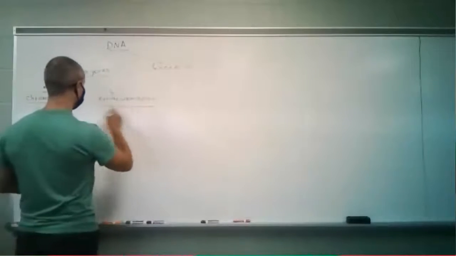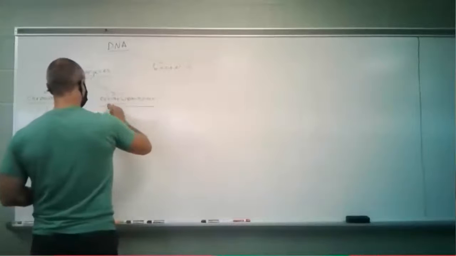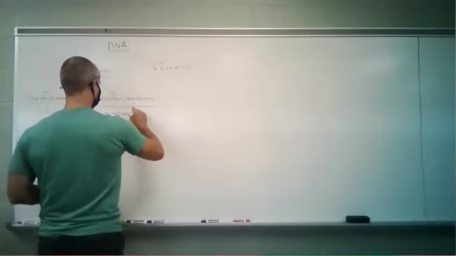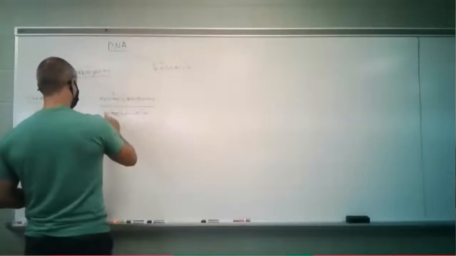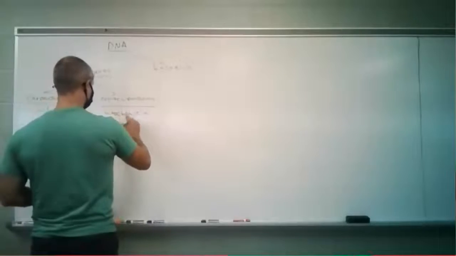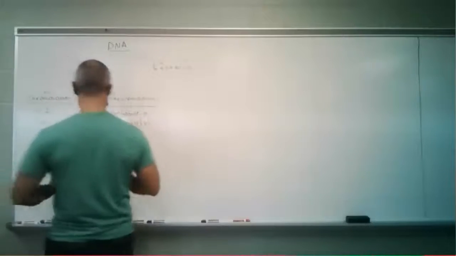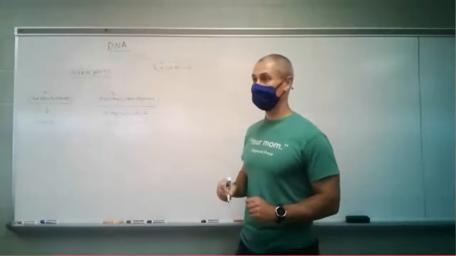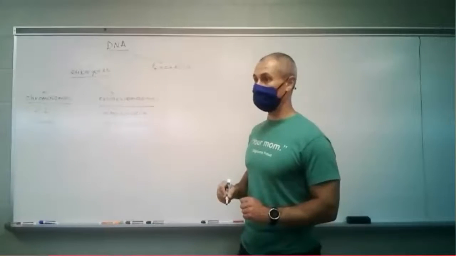Extrachromosomal DNA in eukaryotes exists in mitochondria and or chloroplasts. Okay, we good? Does that make sense to you?